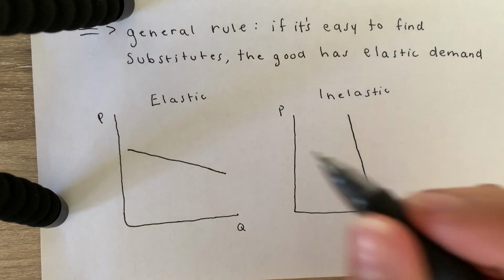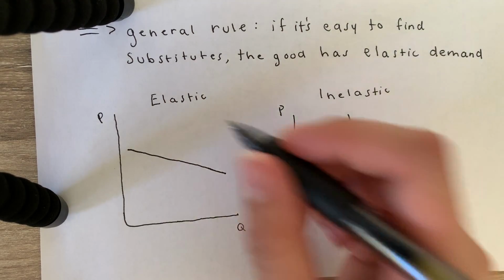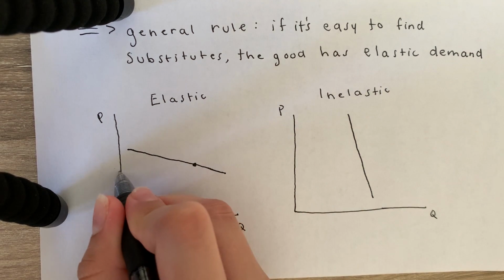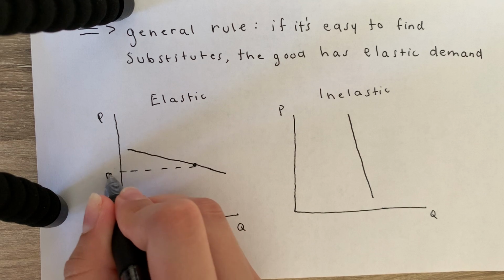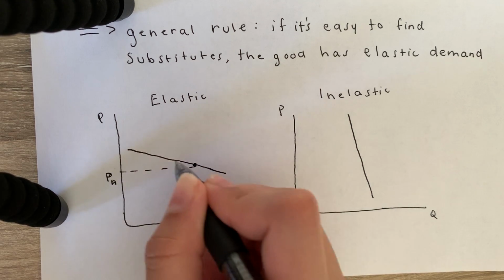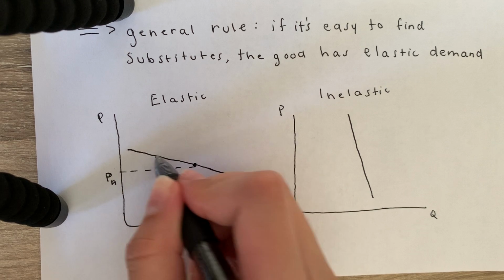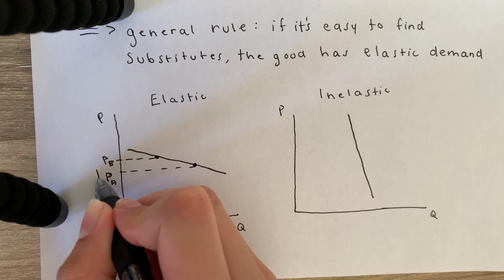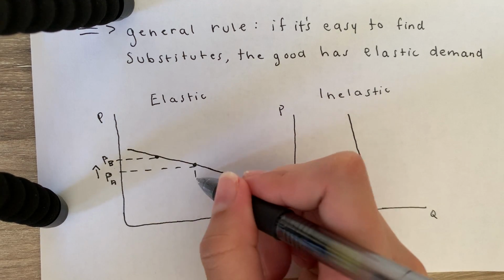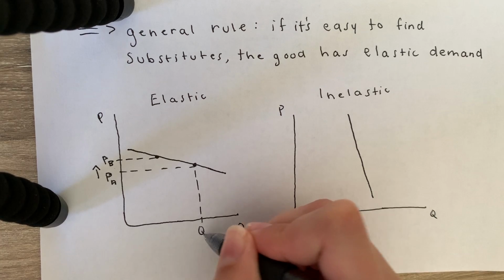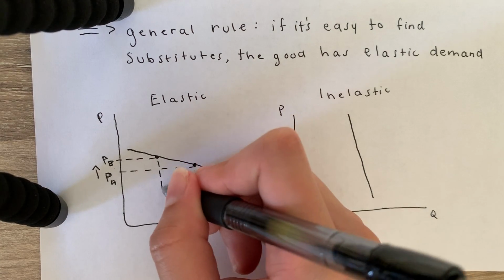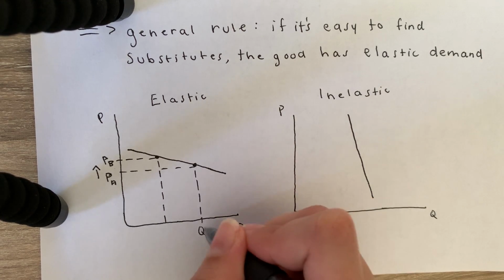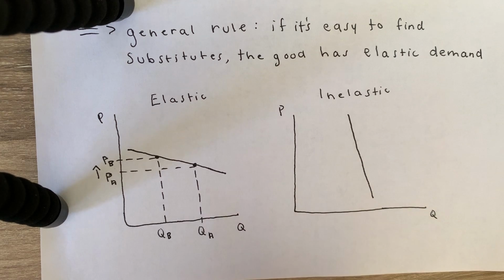So let's look at a change in the price in both. We'll start with elastic. Say we started here, PA, and then we have a very small price increase of an elastic good, PB. So this is a small increase. What can we say happened to our change in quantity demanded? QA went from here to here.